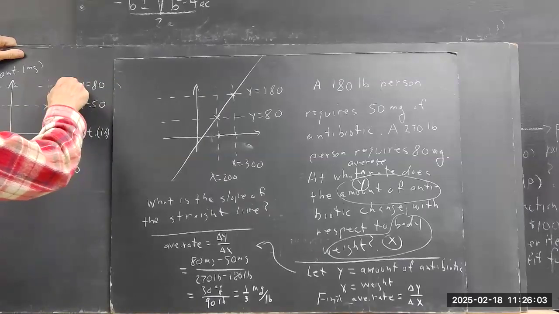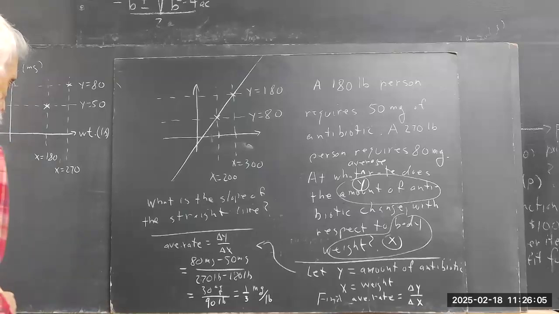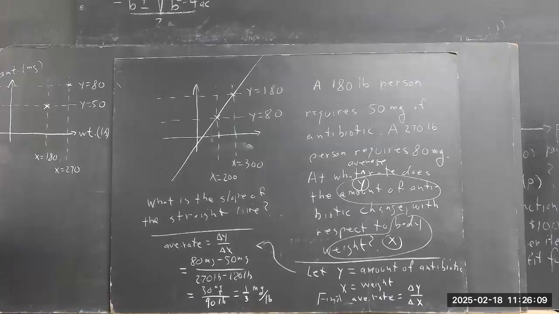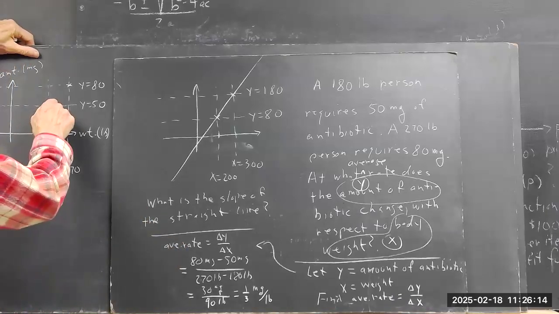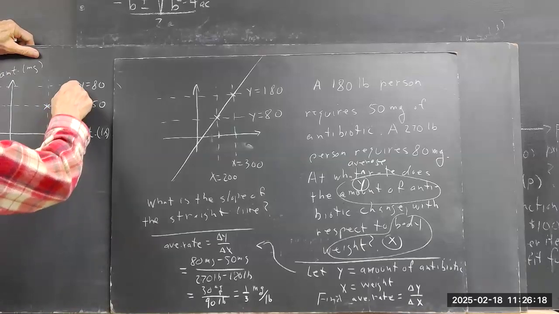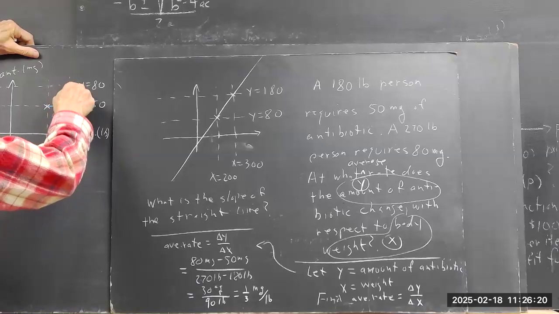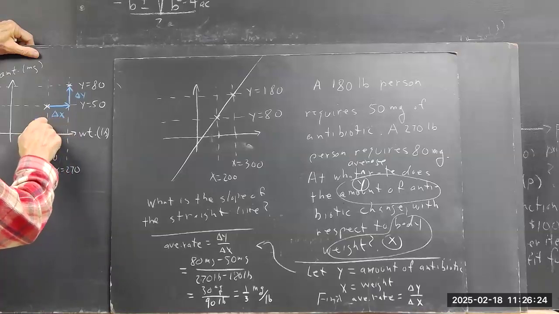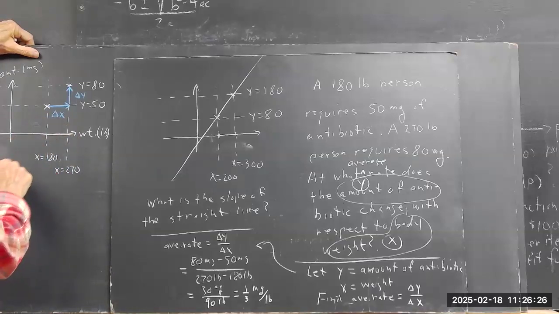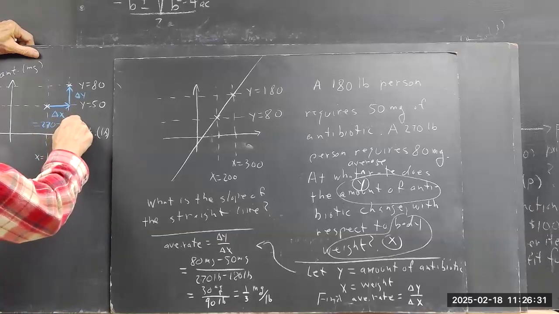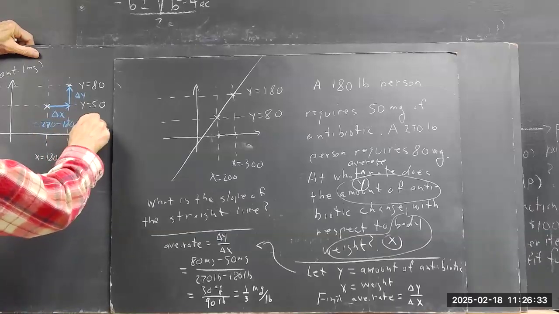And now we have the average rate by finding delta x and delta y. Delta x equals 270 minus 180 equals 90.